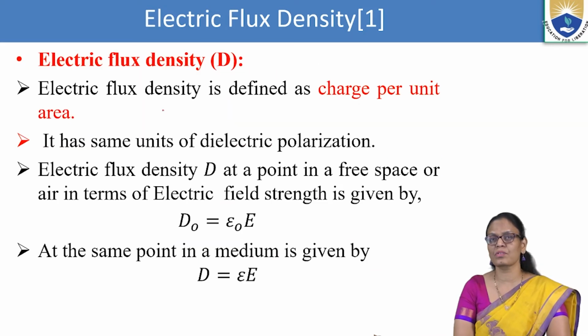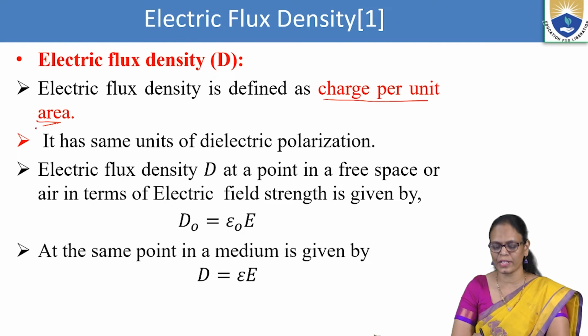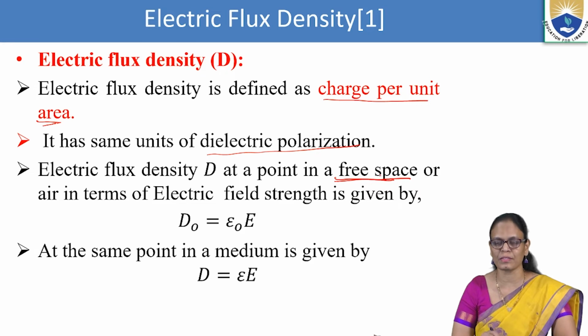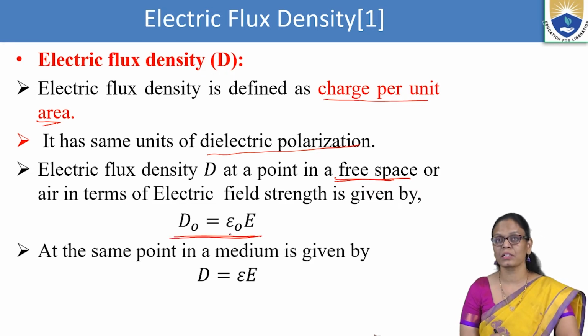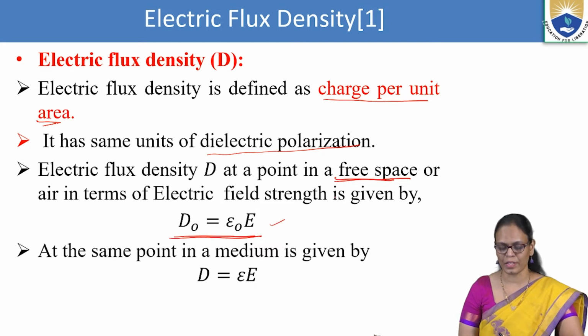Now, this is also defined as the charge per unit area, and it has the same units as dielectric polarization. When we talk about the flux density at a point in free space, we write D naught is equal to epsilon naught E, which gives the flux density in free space.